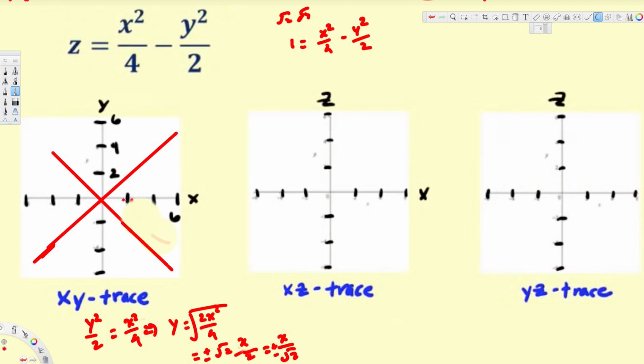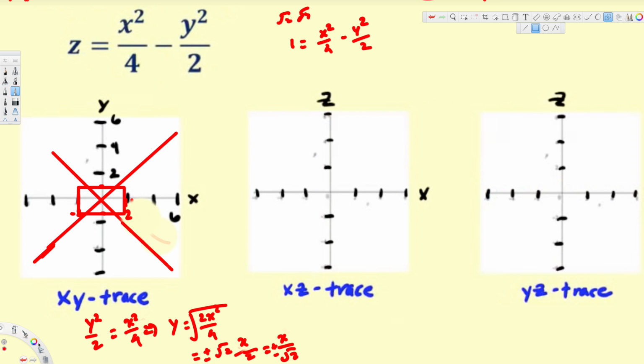So let's say this is plus 2, minus 2, and y is going to be 1 over root 2, and root 2 is 1.4 something, and this is also negative 1.4 something. And if we draw a rectangle right here, okay, this is our rectangle.